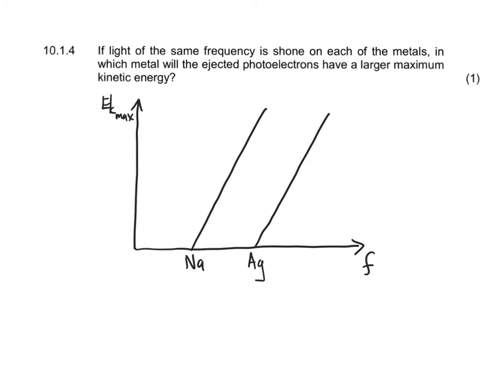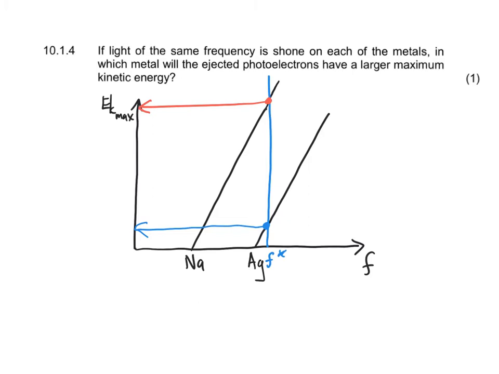Then if we have a frequency of electromagnetic radiation that is shone on both metals, so let's say the same frequency of light is shone on both metals, let's call it frequency star, then we see that the kinetic energy of the electrons leaving the surface from the silver will be lower than the kinetic energy of the electrons leaving the sodium.